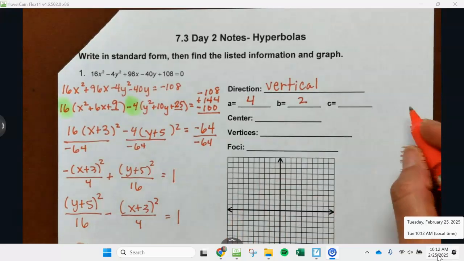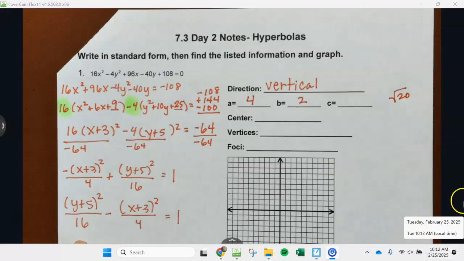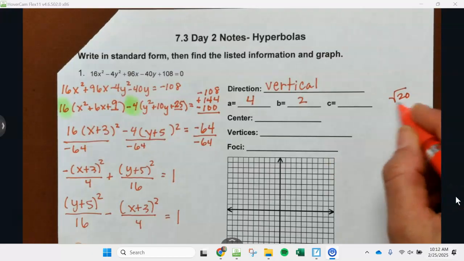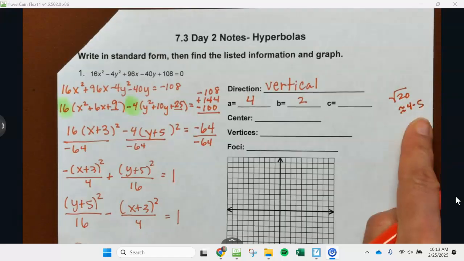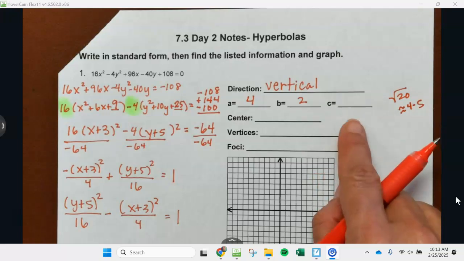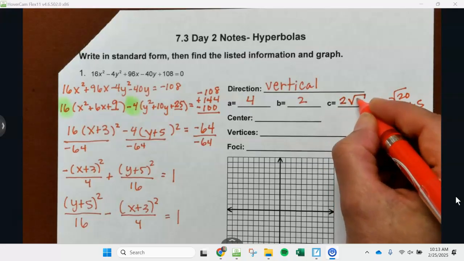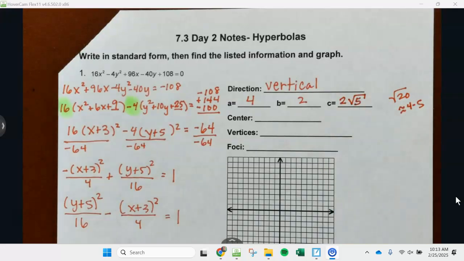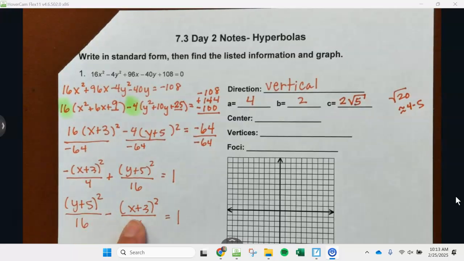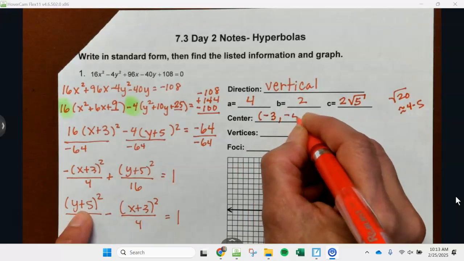C is going to be the square root of 20, and I'm writing the square root of 20 out here because it is easier for me to visually see this is in between 4 and 5 spaces, but there's a perfect square in 20, so we have to simplify this. So the C value is 2 square root of 5. All right, center h, k, but don't forget x and y are in different spots. So the center is going to be negative 3, negative 5.